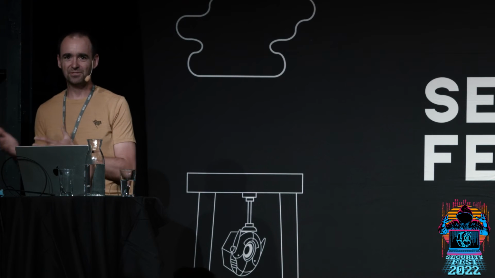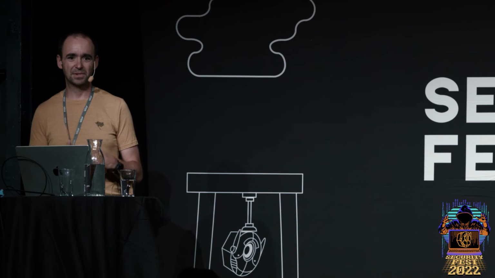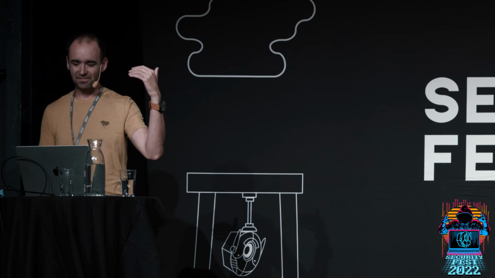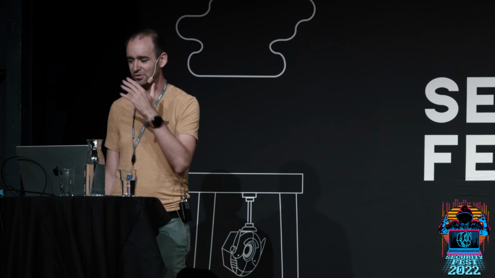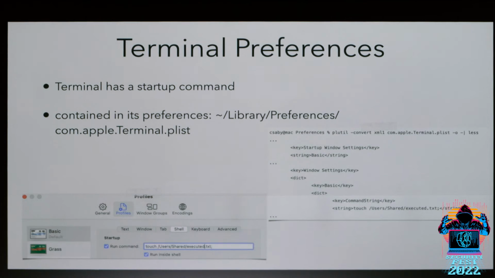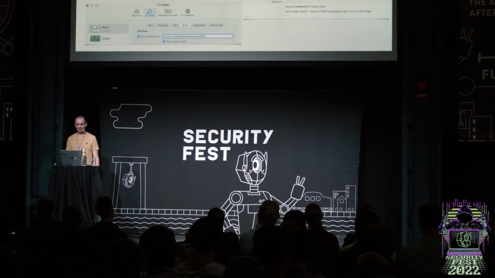I believe nowadays they try to default to binary format, but you can still print it as XML or overwrite it as XML and it will work. And basically, your command will be stored under the Window Settings, Basic, and CommandString. So you can just inject this into the plist without touching Terminal at all. And next time Terminal is launched, you get your code executed.